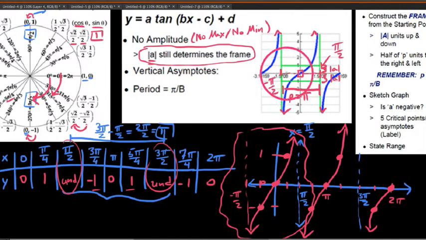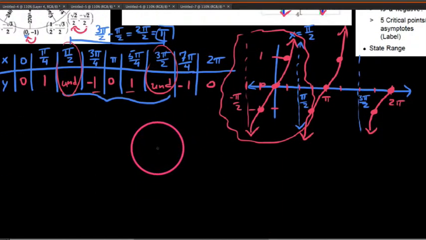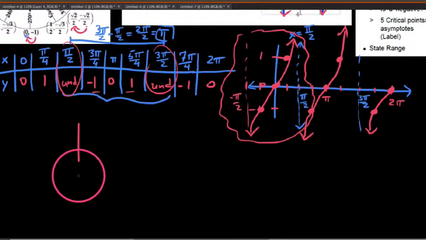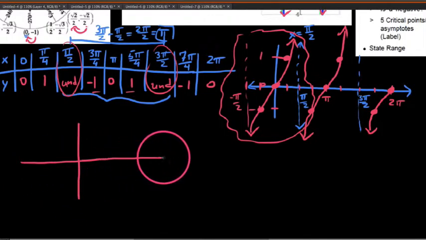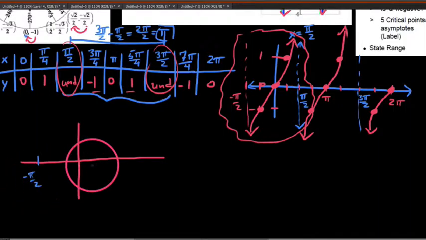But when we split up our frames, remember we split up our frame by taking this overall rectangle. We split our midline, and then we split this frame in half, and then we split those halves in half. And so what we really get is a situation like this right here, and I'll go ahead and create a new sketch here off on the side. But our tangent graph, our parent function, is going to have an asymptote at negative pi halves and at positive pi halves.